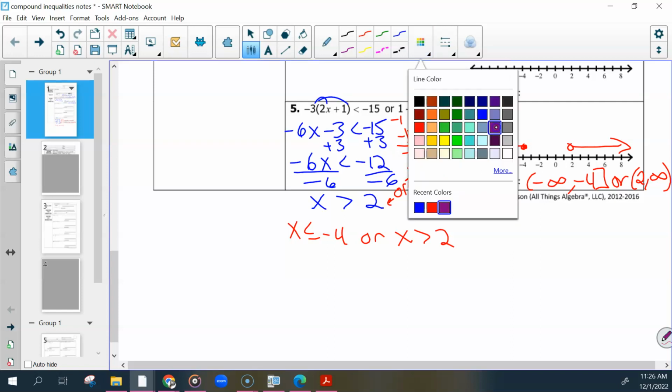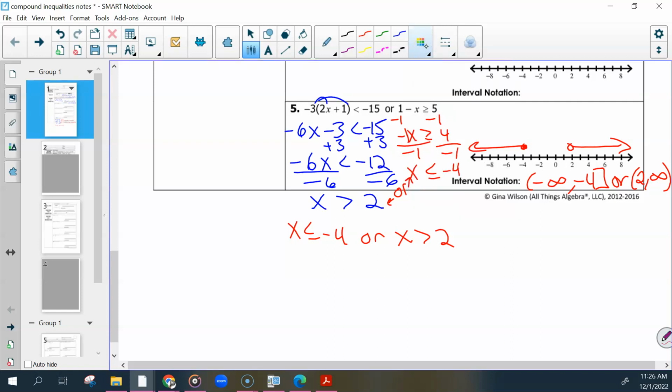So somewhere where you have space, it could be in this open box right here. I'm going to do a different way to solve this part. I'm going to rewrite it first. If instead of distributing, I saw that 15 is divisible by 3, I could divide both sides by negative 3 first instead of distributing.